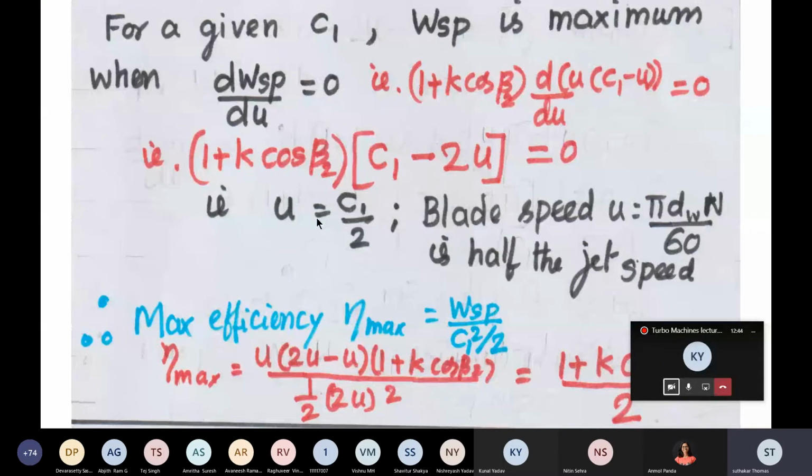Now the other extreme, when U is zero, what is the power transmitted? Again zero. Evident, or you have to think? Zero only.